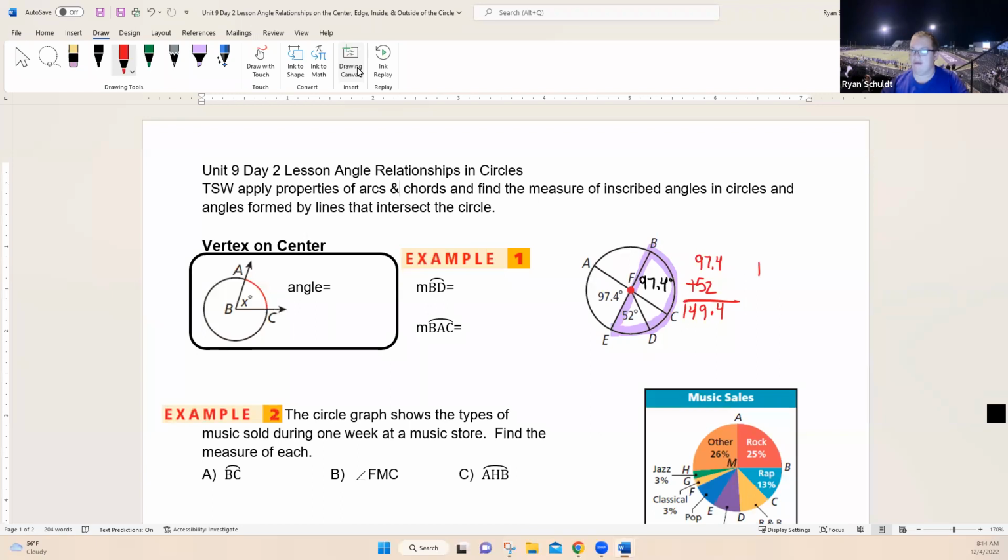And then I'm going to subtract that from 180. That gives us 30.6. So this angle right here is 30.6 degrees.